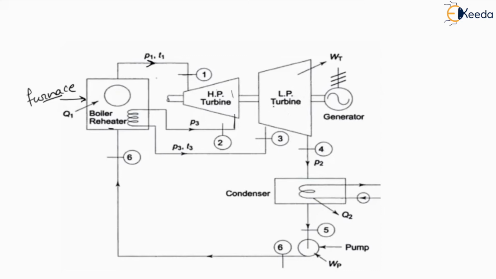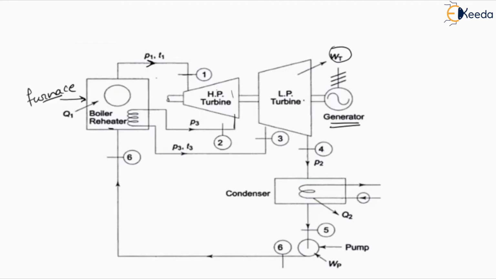So this steam at the intermediate pressure will transfer to the lower pressure turbine, and here it will run the turbine. The steam will expand in this turbine and produce the turbine work WT, where this lower pressure turbine is connected to another device called a generator. So this turbine work is useful for the generator to run.